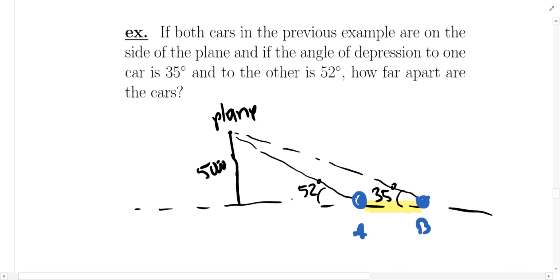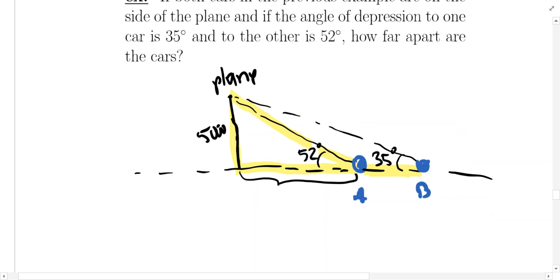So now I still have two right triangles that will give me information. So I have this small right triangle. If I look at this small right triangle, what can I find? I have that the angle is 52 and I have that the opposite side to the angle is 5,000. So I can find this distance right here. Let's call this distance x.